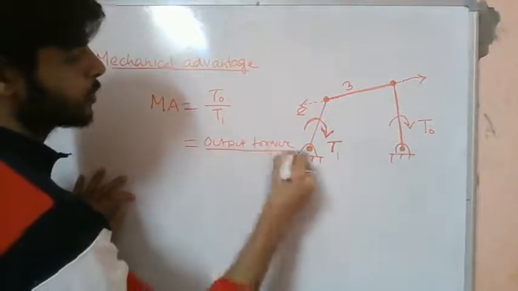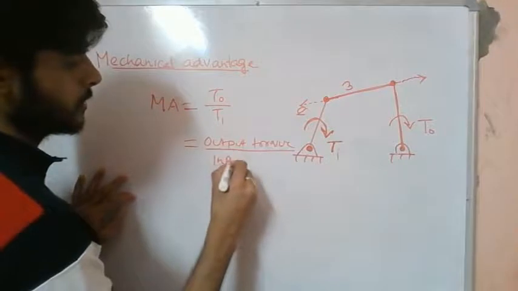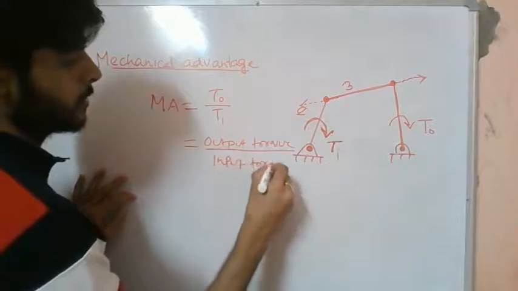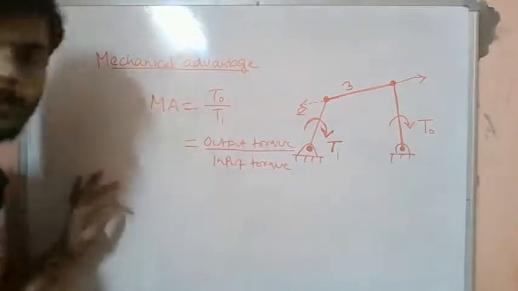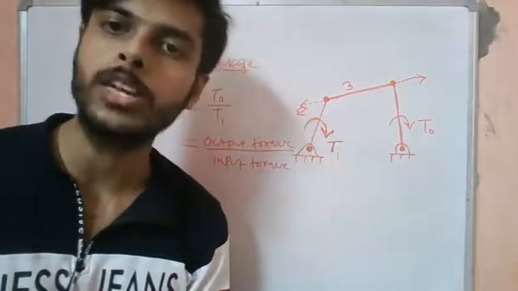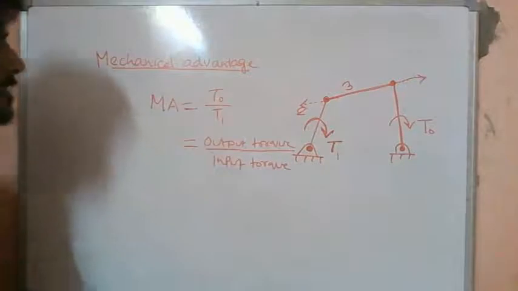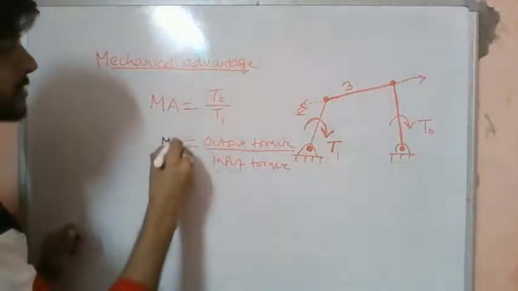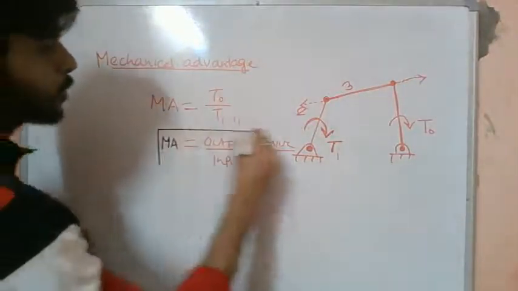So this is the definition: mechanical advantage is the ratio of output torque to input torque.